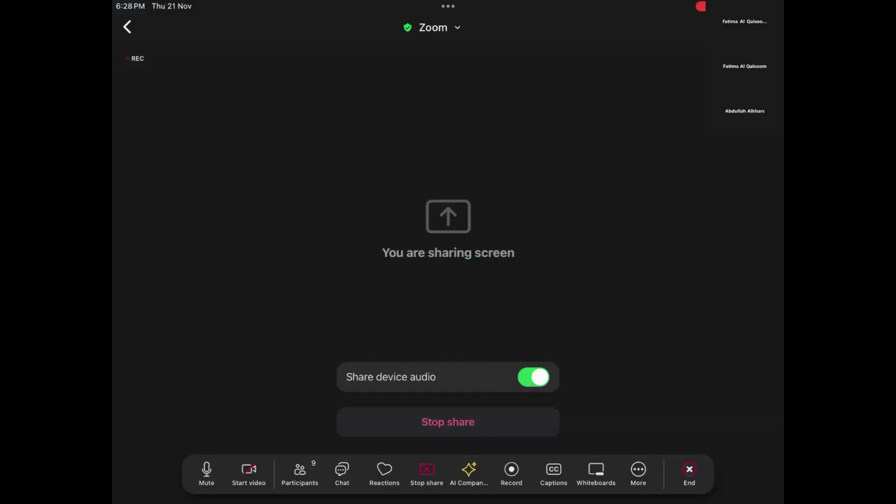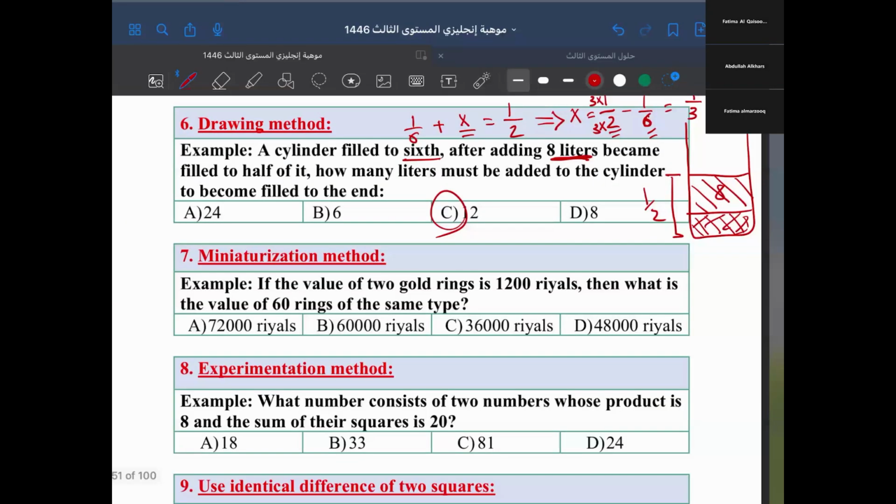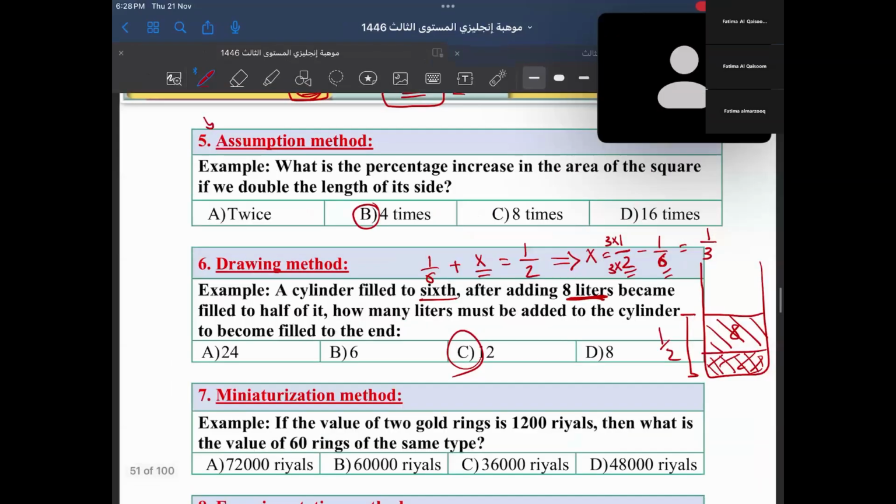Okay. Can you see the screen? Not yet. Okay, now you can see it. Okay, so where did I stop, Fatima?